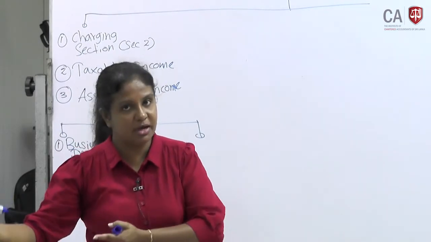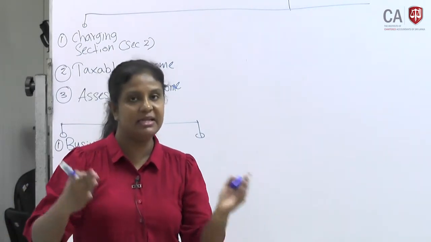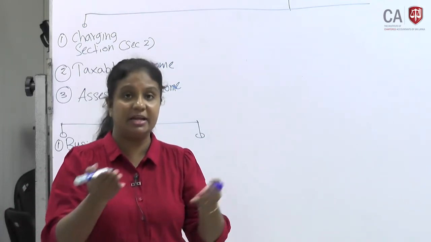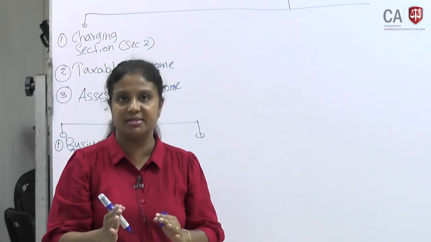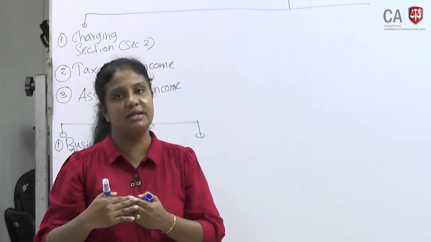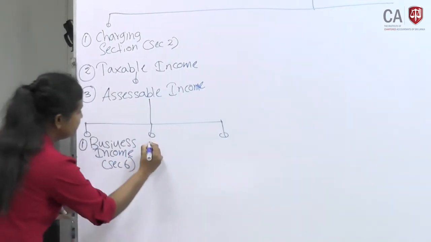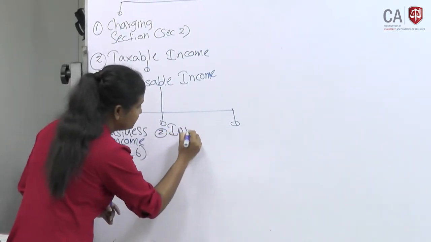The computation part is in section 16 and the 4th schedule, but it should be part of the business income. That part is mentioned in section 6, along with the exclusions from business income. And the second part is the investment income.